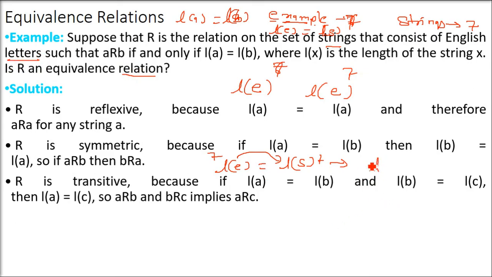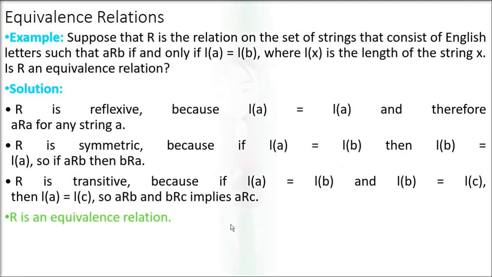Letters is also 7 letters. So when the length of 1 is equal to 2 and the length of 2 is equal to 3, the length of 1 is equal to the length of 3. That is, the length of example equals the length of string equals the length of letters. There are 7 characters here. So this is transitive, and so this is an equivalence relation.